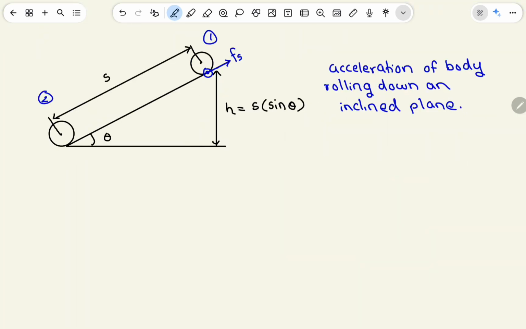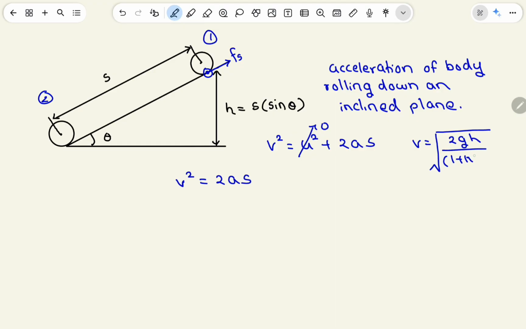Okay. Now, the last formula that we have to derive is that of the acceleration of a body rolling down an inclined plane. For that, we use the third kinematical equation, which is v square is equal to u square plus 2as. Initially the object is at rest, therefore u is equal to 0, and we have v square is equal to 2as. Now we just derived the formula for velocity at the bottom, which was under root 2gh upon 1 plus k square by r square.